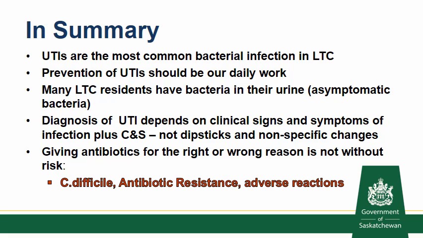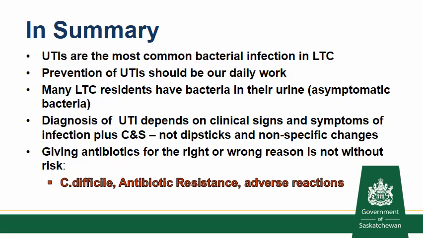In summary, urinary tract infections are the most common bacterial infection in long-term care. Preventing UTIs should be part of the work we do every day. We also need to look at how we identify urinary tract infections, remembering that most elderly have bacteria in their urine most of the time.